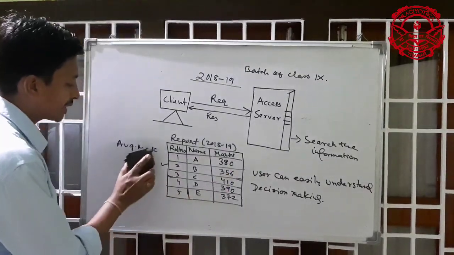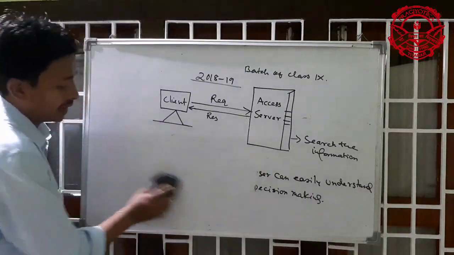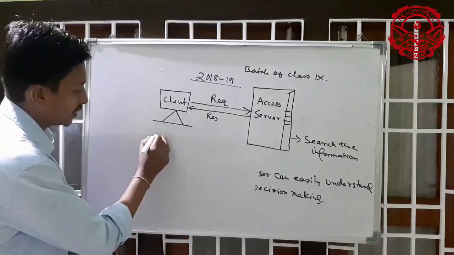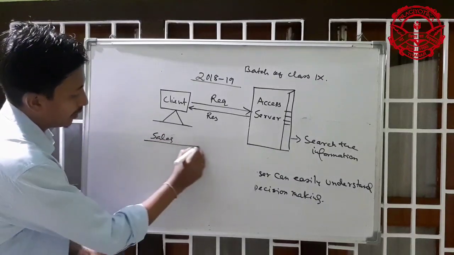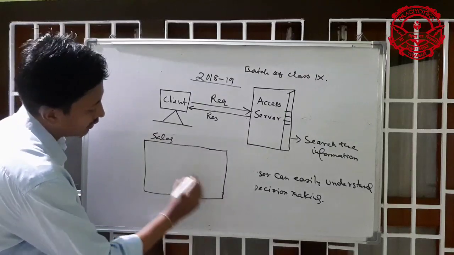Okay, for example, the next example I can say is sales information, a sales table or sales report. This is a sales report.